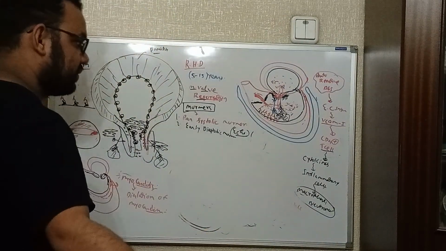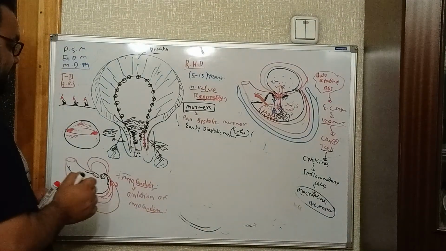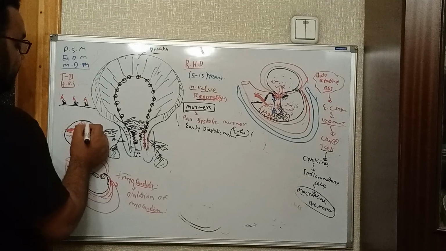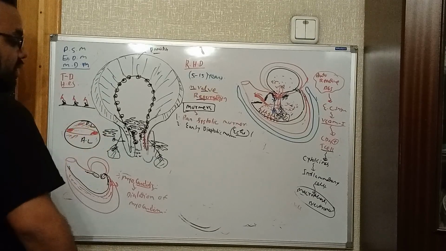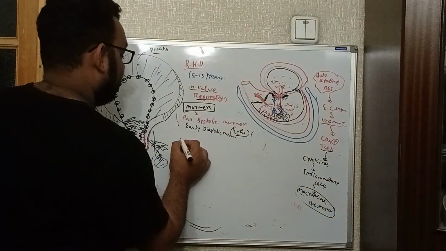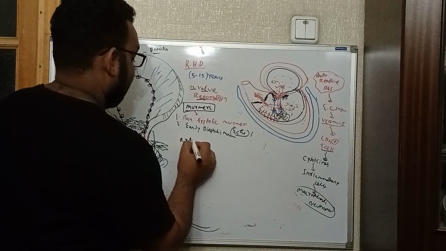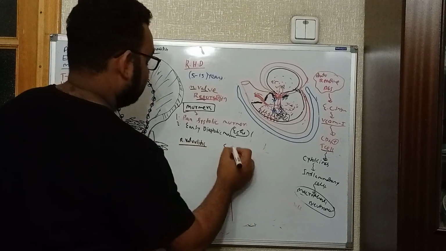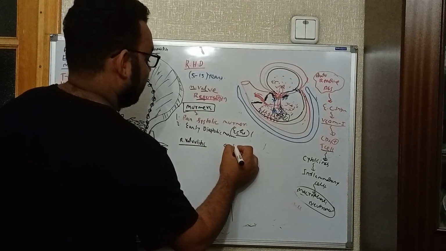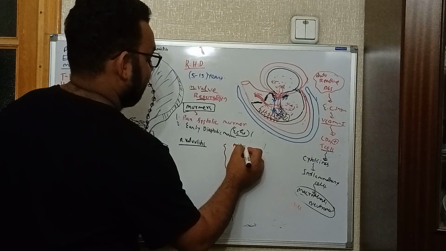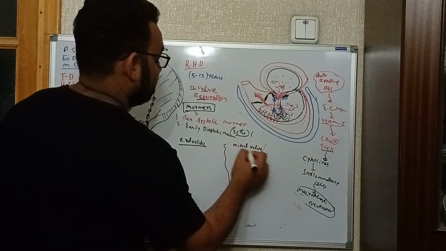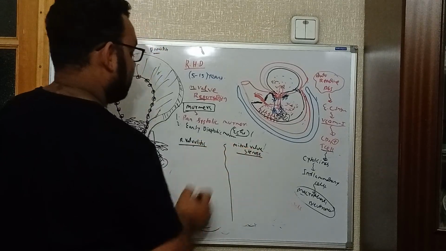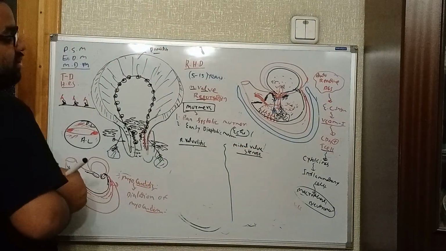Now, try to understand from over here. I already said this is the anterior leaflet and this is the posterior leaflet. Don't forget. Now let's suppose I'm writing here rheumatic valvulitis, and I am just talking about mitral valve stenosis, whatever changes or differentiations we see over here.